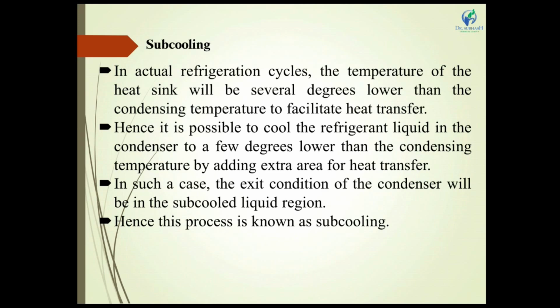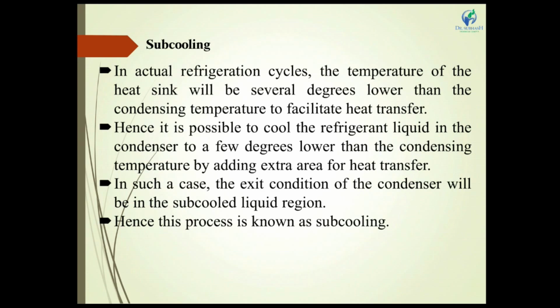In an actual refrigeration cycle, the temperature of the heat sink will be several degrees lower than the condensing temperature to facilitate heat transfer. This means we can remove additional heat from the condenser output.